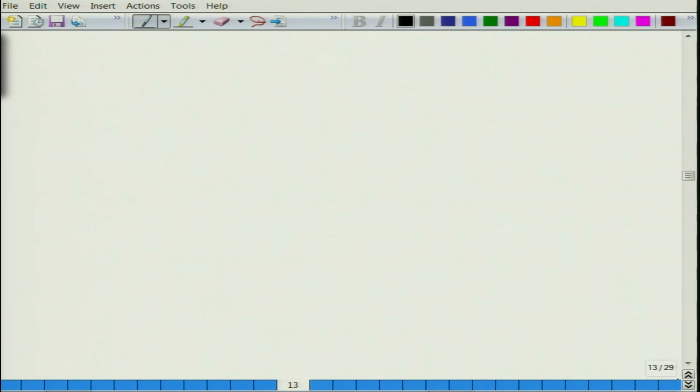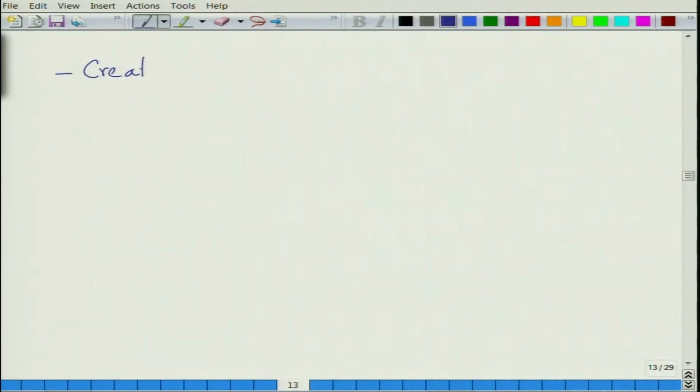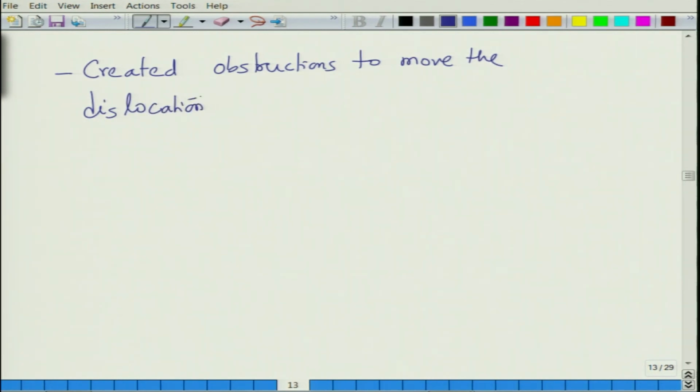So, basically the deformation requires motion of dislocation, and if you are basically obstructing the dislocations to move, so all you have done is basically you have created obstruction to move the dislocations further.